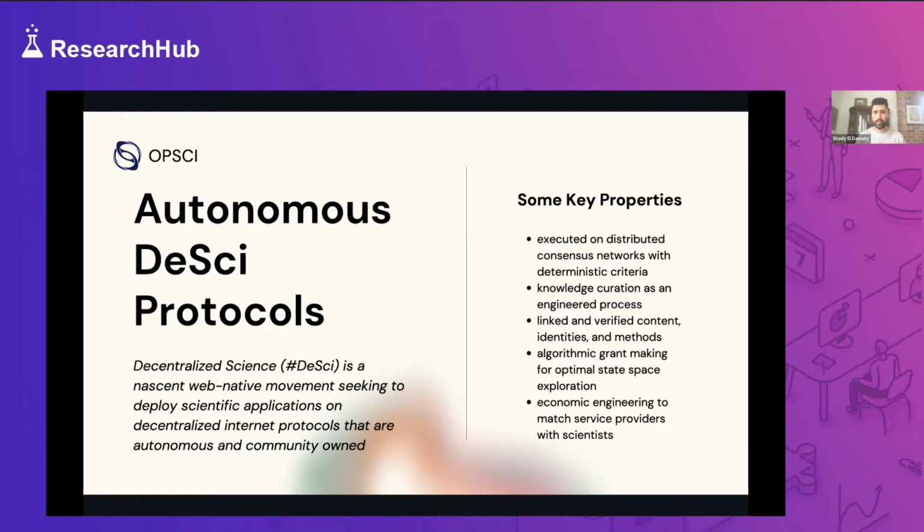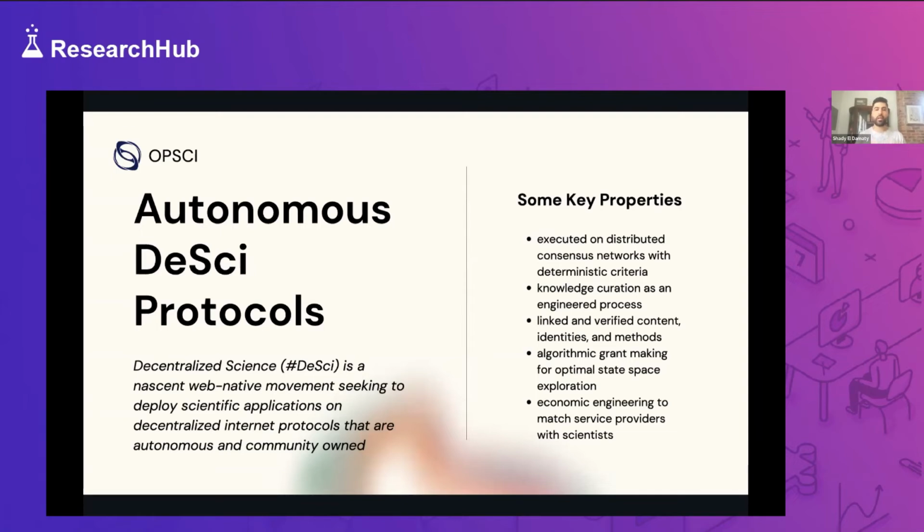Some other key properties are things like algorithmic grant making. So how do you actually chart a problem or hypothesis space and allocate resources to different parts of it so that you maximize your odds of finding the lowest local minima in that entire space? Like, how do you find theories that are the most powerful in their explanations, and how do you allocate resources to accelerate that convergence?